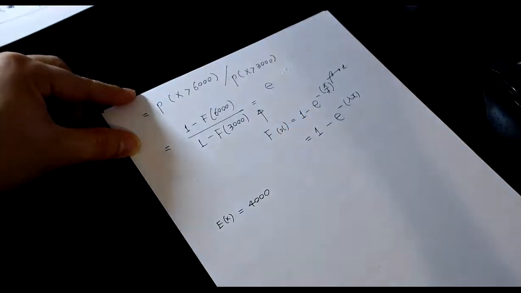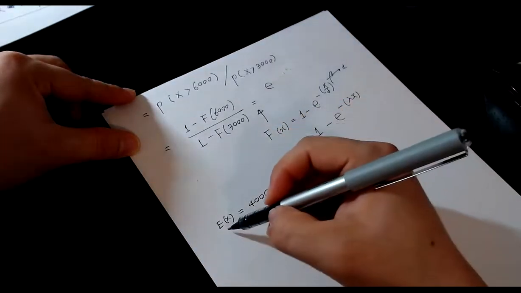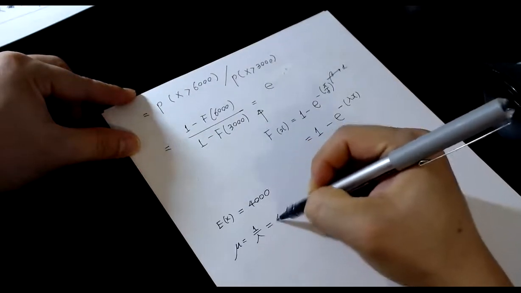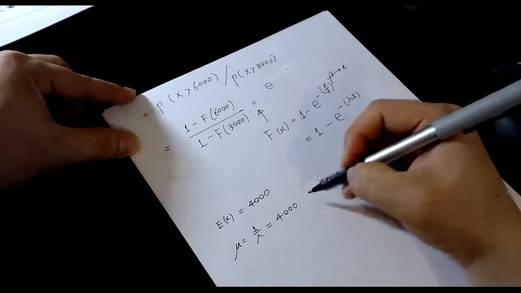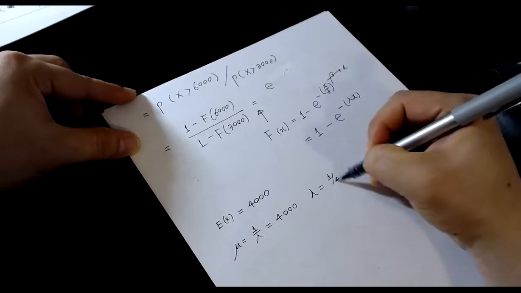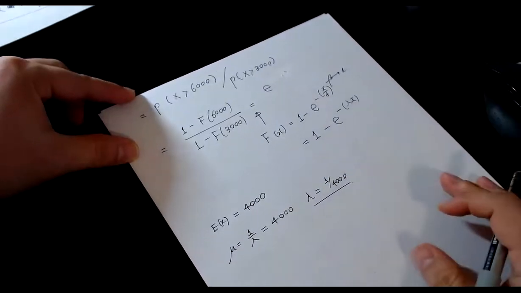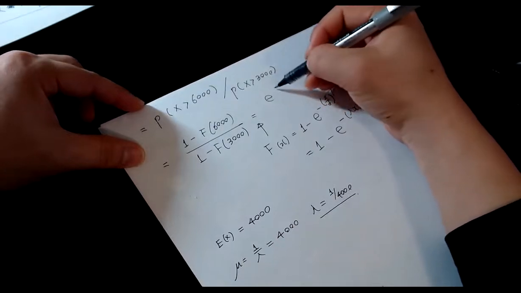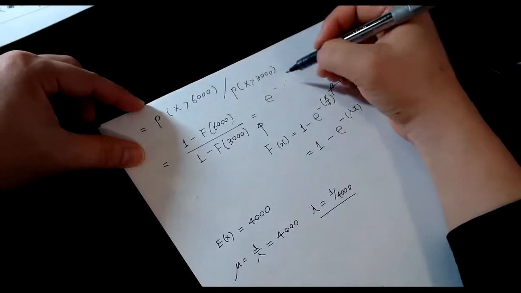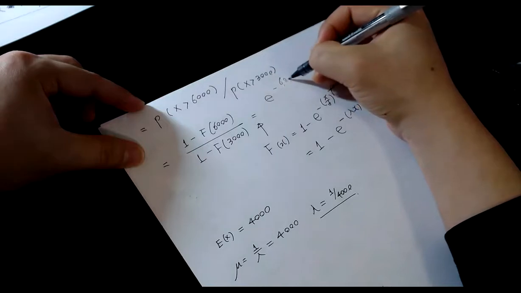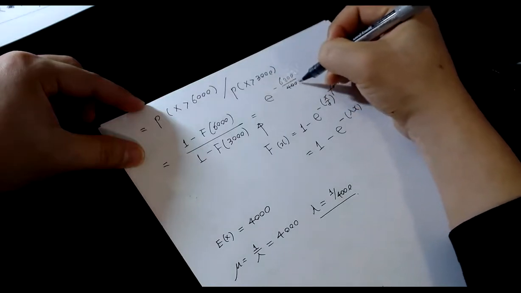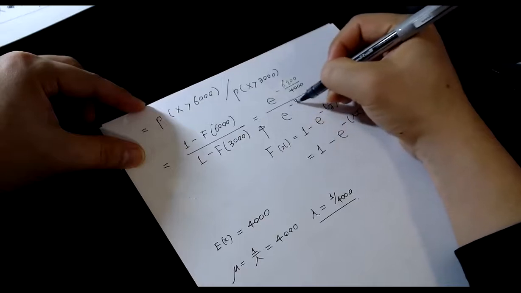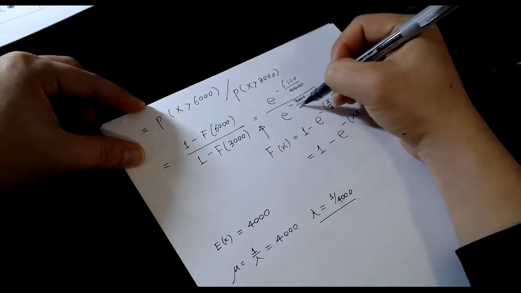But in exponential distribution, E of x is actually 1 over lambda, right? This is equal to 4,000, which means that lambda is 1 over 4,000, right? I'm sorry. Then we're going to get e to the minus x, where x is here 6,000, so 6,000 over 4,000, and then over e to the minus 3,000 over 4,000.